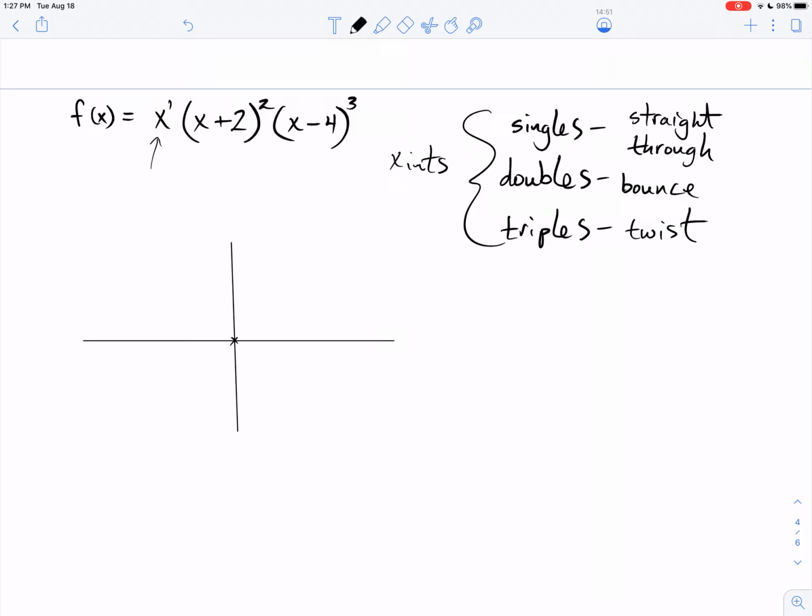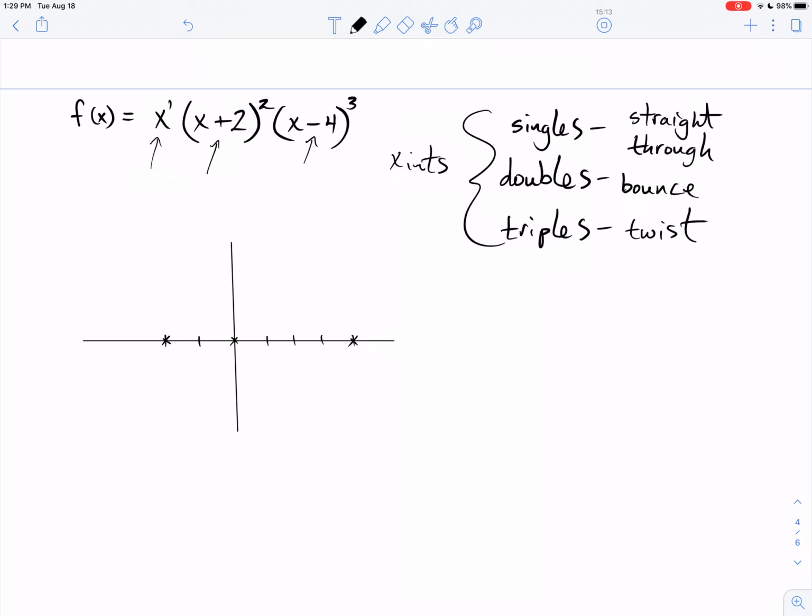It crosses at the origin. It's going to go straight through that location. Where does it cross the x-axis for this guy? At -2. It's going to bounce at that location. This guy, it's going to twist its way through right there at the 4.